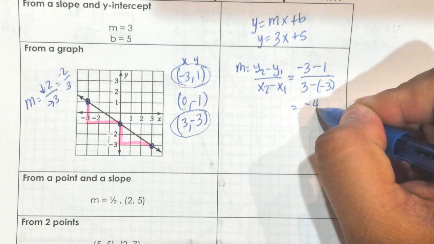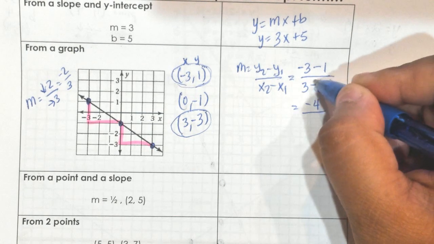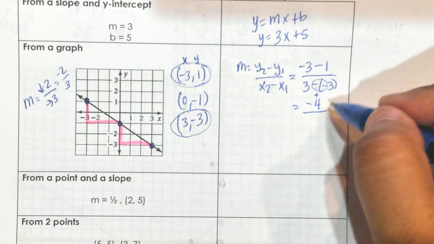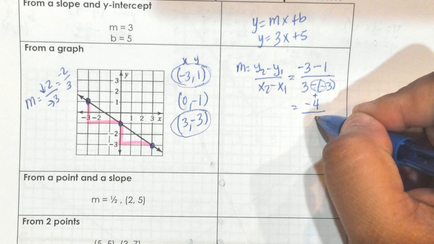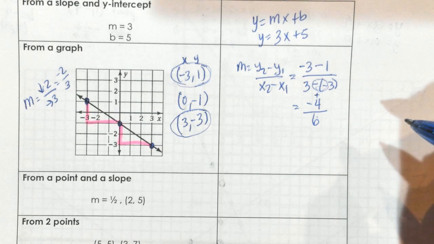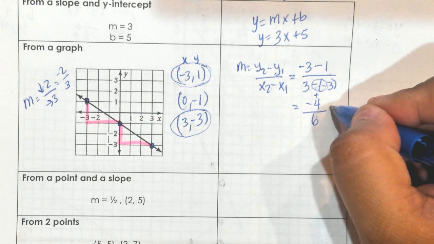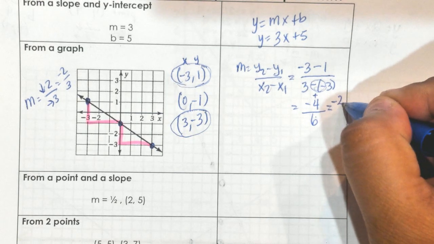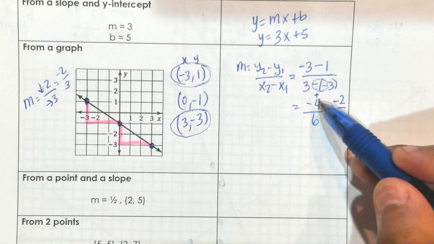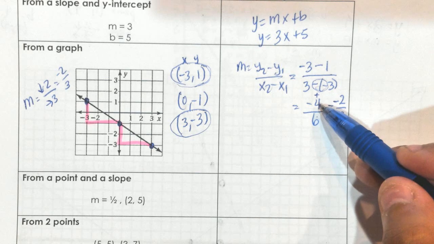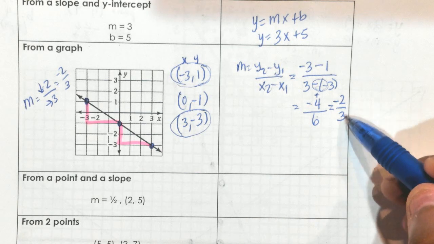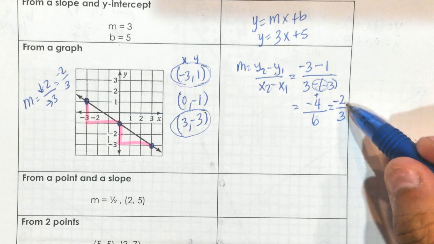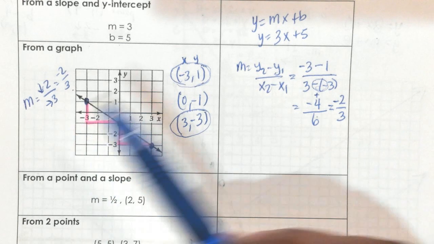This is equal to -4 over, now be careful with the minus and negative, that turns into a positive. 3 plus 3 is 6. And when you reduce, put this in the calculator, it'll give you -2/3. Now you can reduce this by 2. That means 2 goes into 4 and 2 goes into 6, 2 times and 3 times. So that's how you reduce your fraction. So your slope is -2/3. What we got over here?